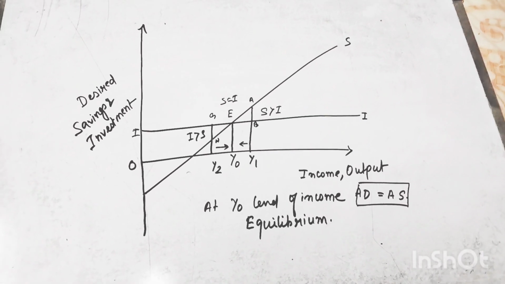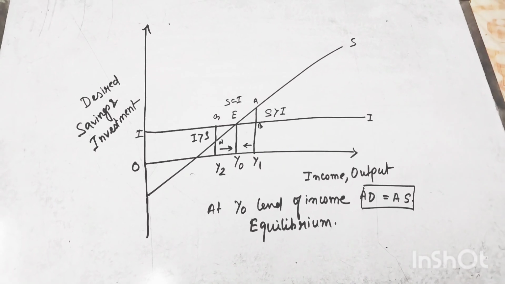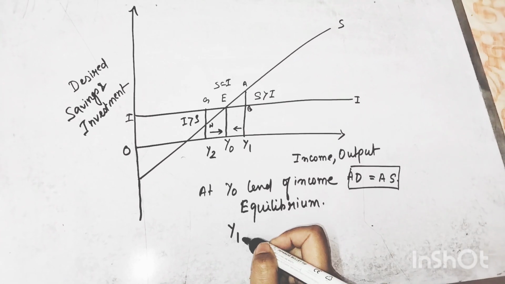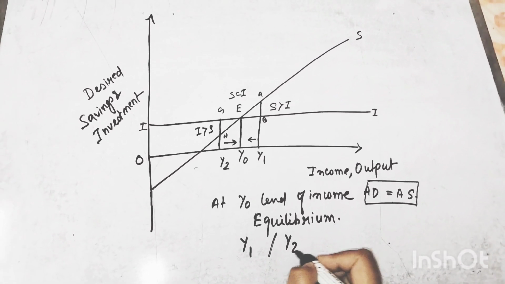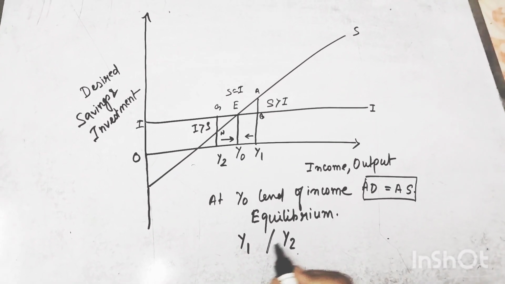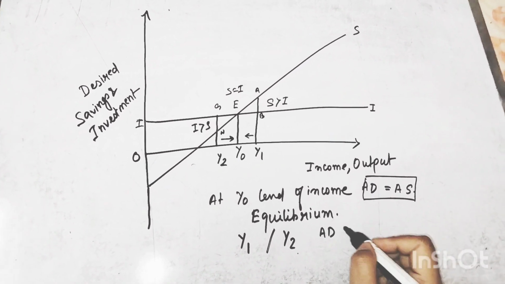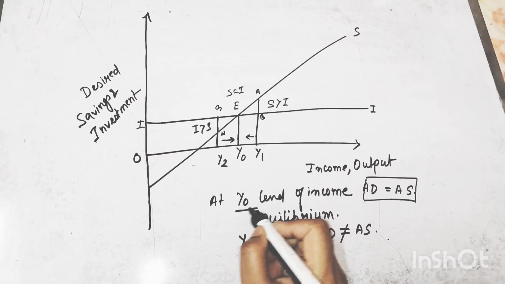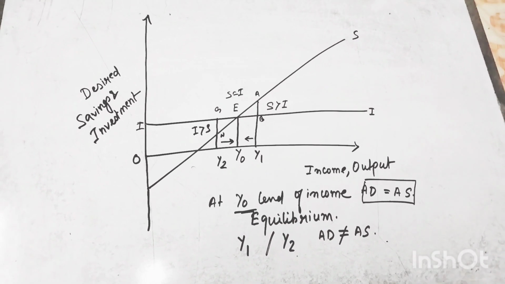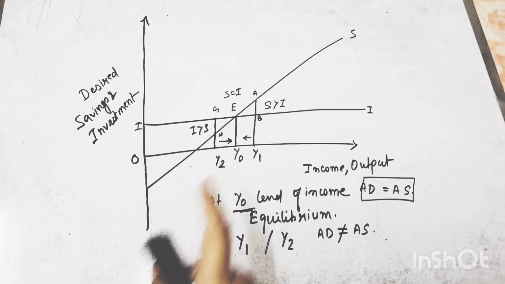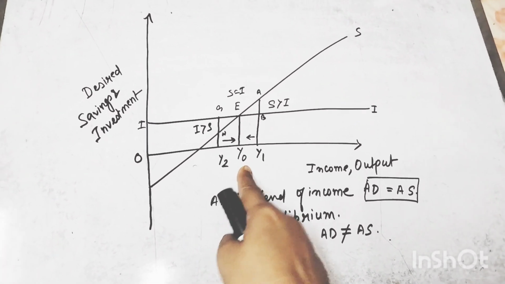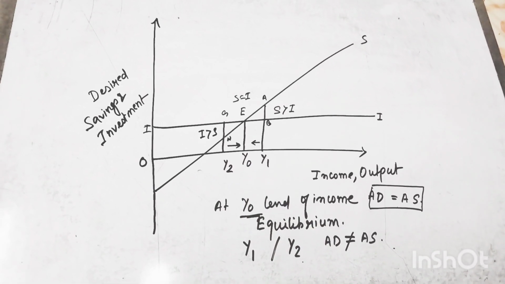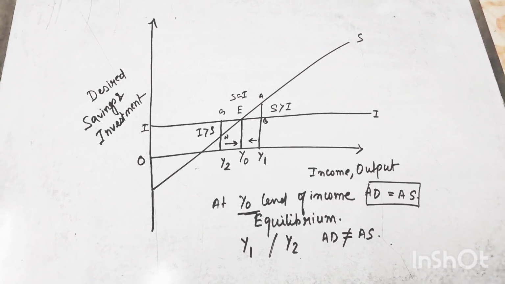Now at any other level of income, that means if your level of income is Y1 or Y2, here aggregate demand is not equal to aggregate supply. Only at Y naught level of income is your aggregate demand equal to aggregate supply. That means only at Y naught is the equilibrium point. Neither Y1 nor Y2 will be an equilibrium point.